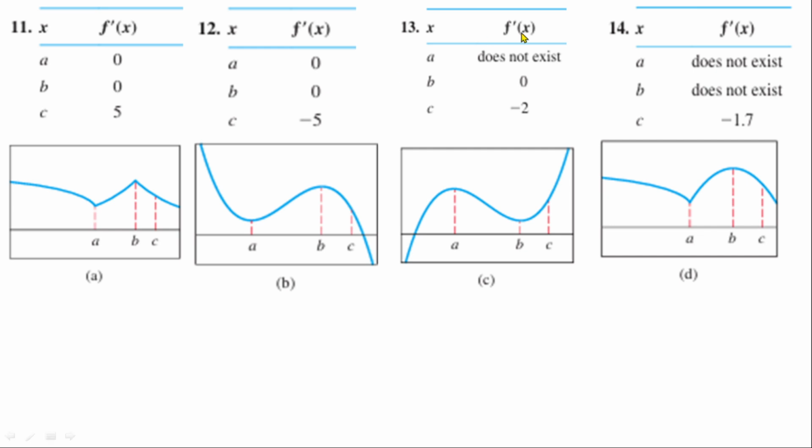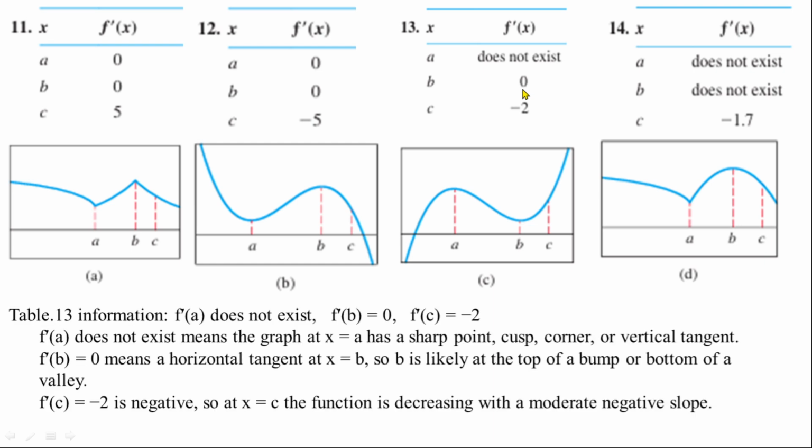Next, let us see this 13th table: f dash of A does not exist, f dash of B equal to 0 and f dash of C equal to minus 2. It means that f dash of A does not exist, so the graph at x equal to A has a sharp point, or cusp, or corner, or vertical tangent.